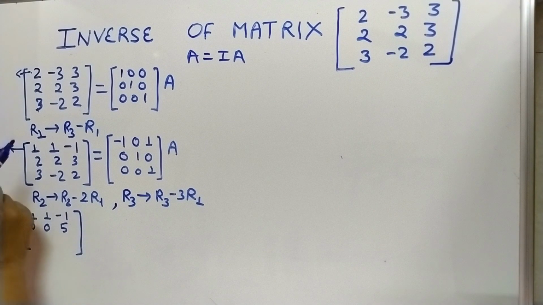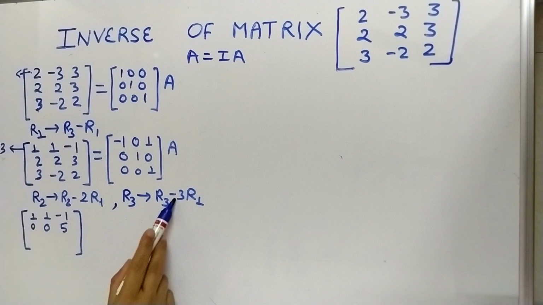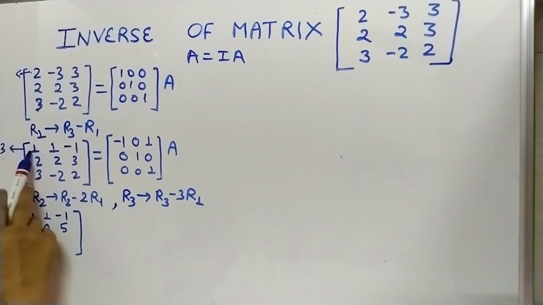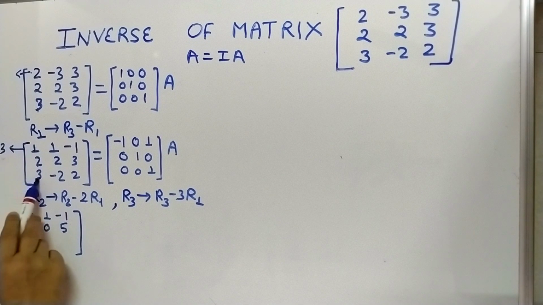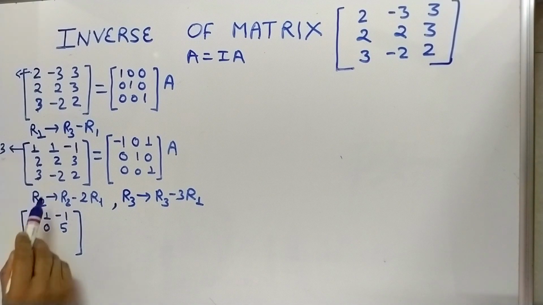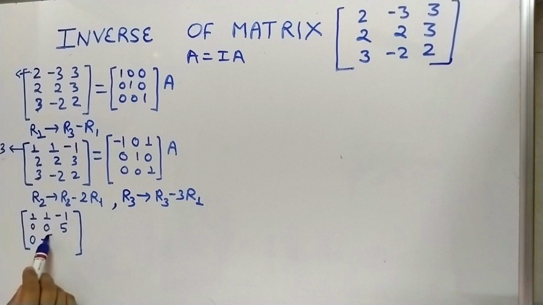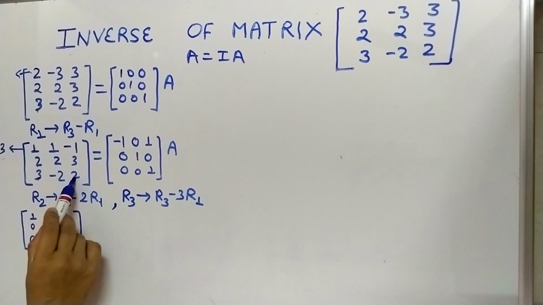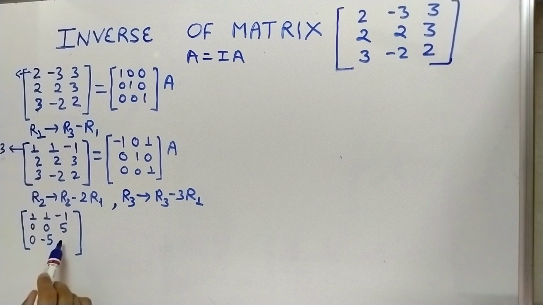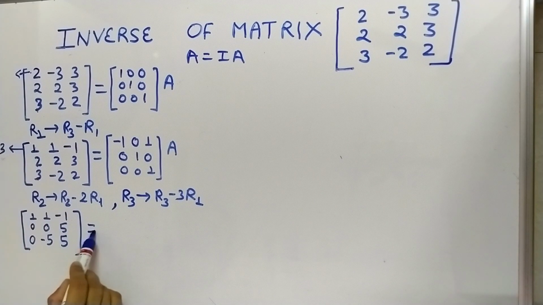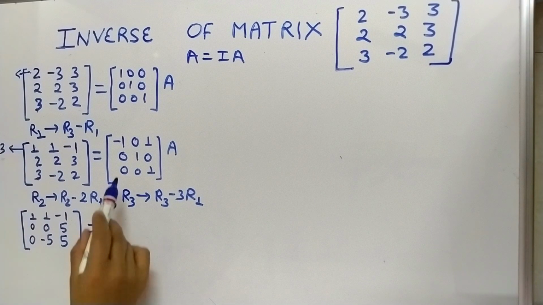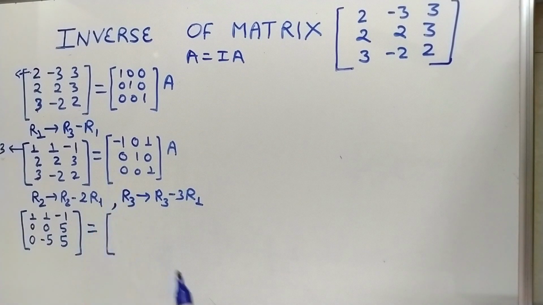For finding the third row, we can multiply the first row with minus 3 and then add it to the third row. So it will be plus 3 minus 3, 0, minus 2 minus 3 minus 5 plus 2 plus 3, it will be 5. Now the same changes we will do in this matrix.